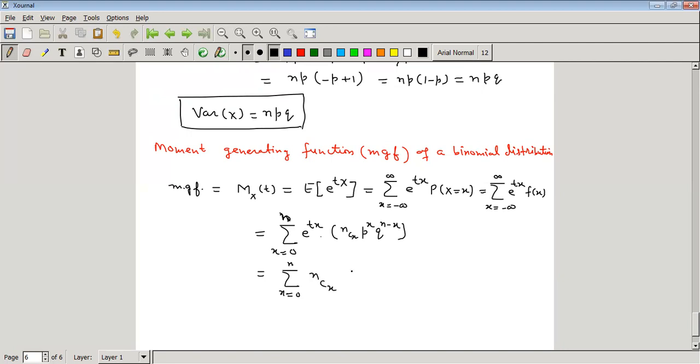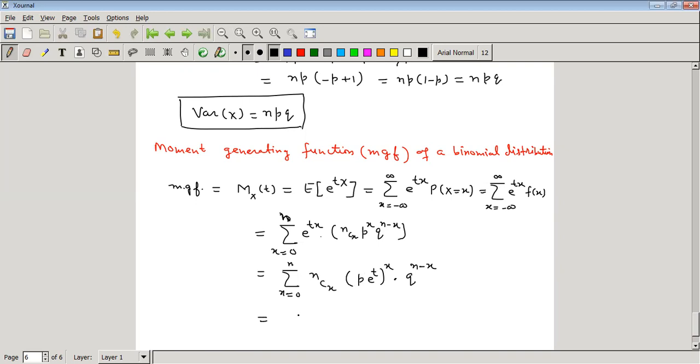So summation x from 0 to n of nCx. We combine p to the power x into e to the power tx, so we can take p into e to the power t, whole power x, into q to the power n minus x. So it again becomes a binomial expansion. Here our p is p into e to the power t.